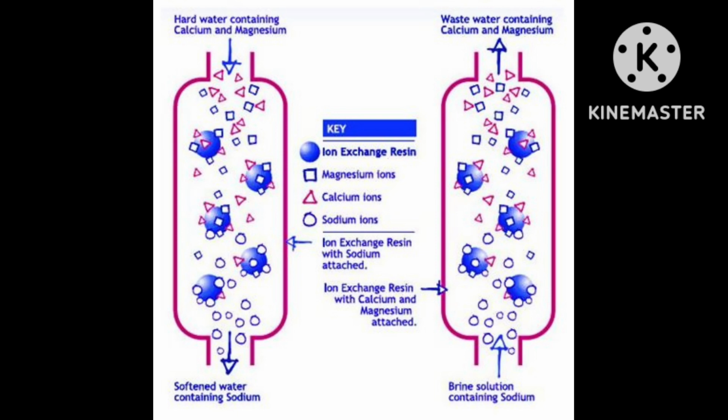This is actually a complex anion, because a 2 minus charge is there. The complex anion keeps the magnesium and calcium ions in solution. This complex ion will absorb calcium or magnesium and keep the magnesium and calcium ions in solution.